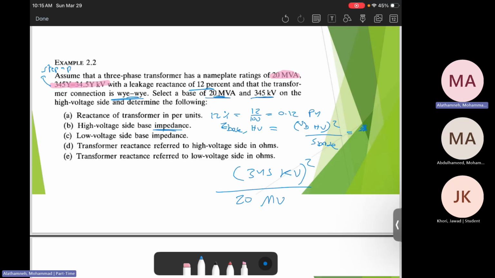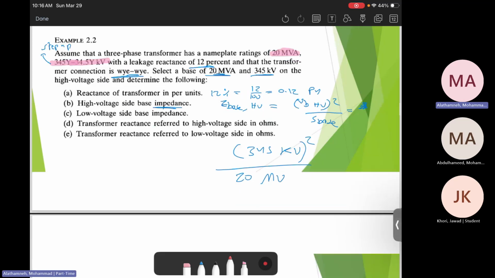Then kilo squared is actually mega, so we can cancel them. The remaining is 345 squared divided by 20. So the answer will be 5,951.25 ohms. This is Z base for the high voltage side.